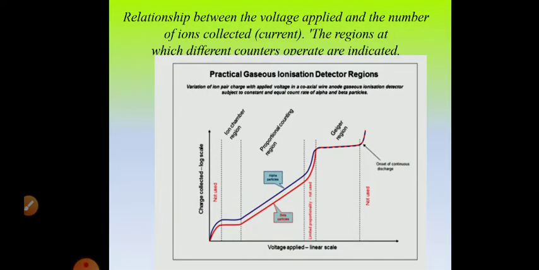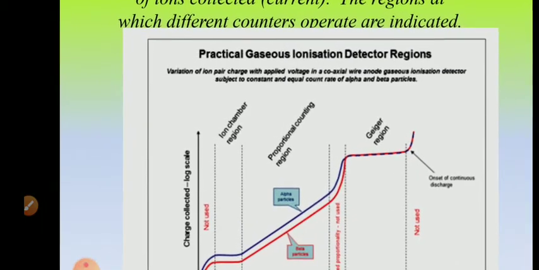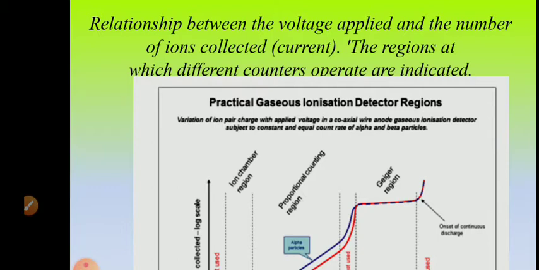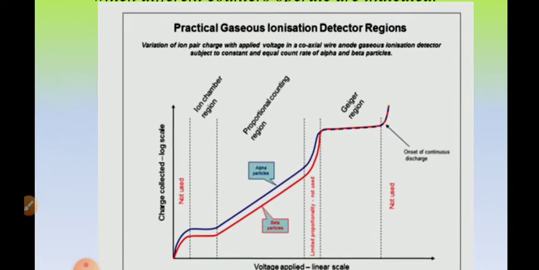Now, this graph here is about measuring ionization by alpha, beta, gamma radiations. It shows the relationship between the voltage applied and the number of ions collected, or current generated, and the regions are also mentioned here. Whenever radiation strikes matter, the energy of the radiation is absorbed by the matter.